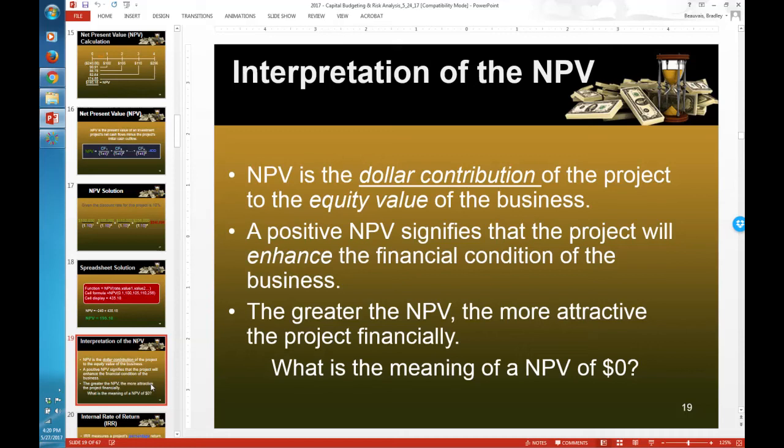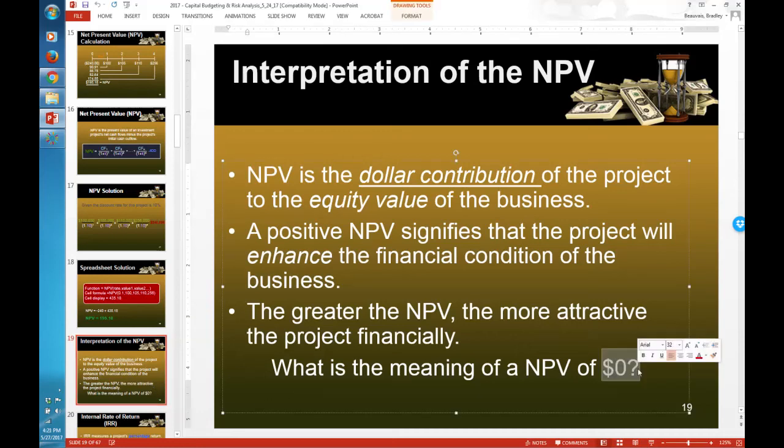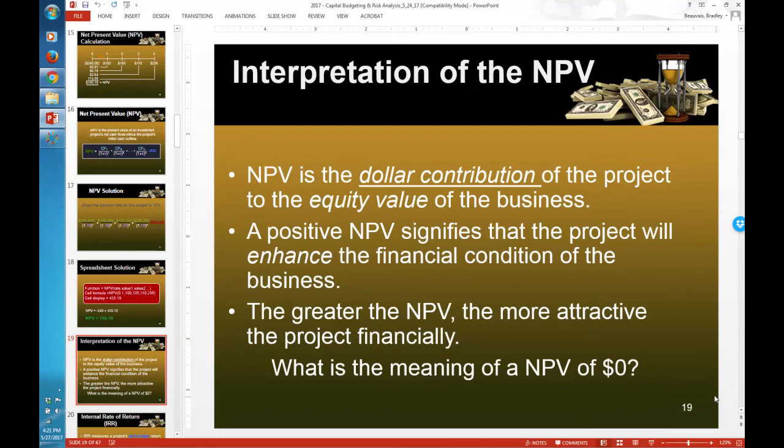This also provides us a means to understand, from a dollar valuation standpoint, as we compare project against project against project, which one is going to yield us the most dollar return for the amount of capital that we put into it. And what's the meaning of a net present value of 0? That's essentially our break-even point for this particular project, and would be the demarcation point from a quantitative standpoint of whether the project was viable or not.